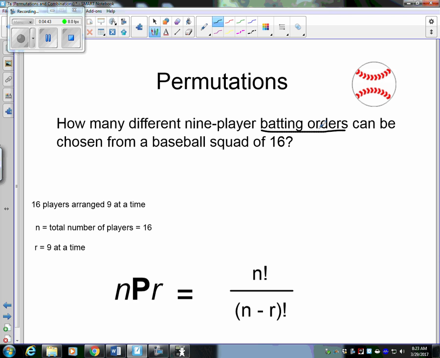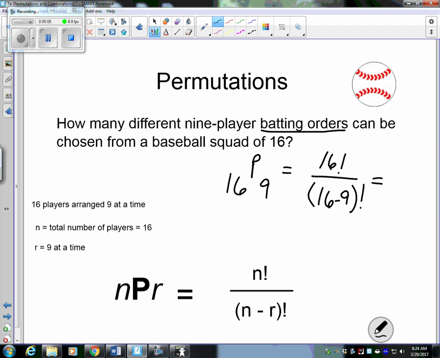We have 16 people that we're choosing from, it's a permutation, and R is 9 people. You can enter that in the calculator. Otherwise, n is 16, so 16 factorial divided by (16 minus 9) factorial. This formula is given to you on the SOL, so you can use it there.